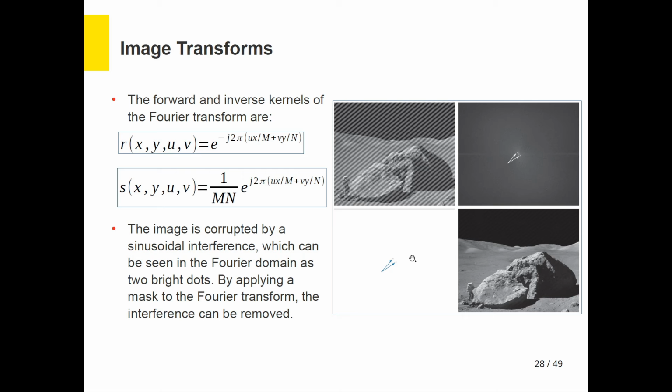So by simply multiplying this mask to the Fourier transform of the image and then inverse Fourier transform, we can have an image that is completely artifact free. So this is something that could not be done easily in the spatial domain, but can be done much easier in the frequency domain.